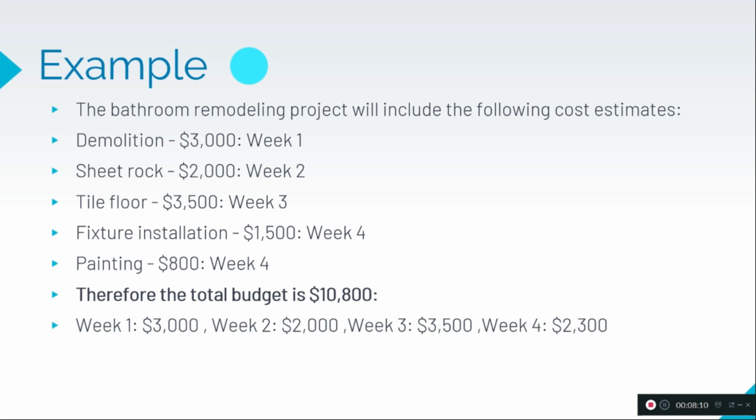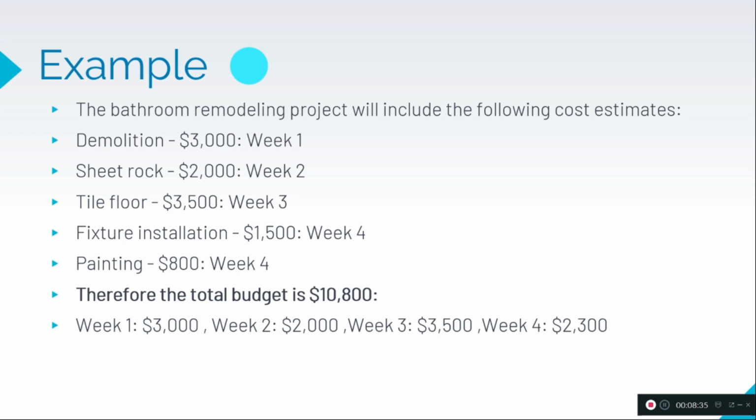Tile floor, $3,500, week 3. Fixture installation, $1,500, week 4. And in parallel we are doing the painting, which takes $800. This is week 4. So this is the cost estimation for individual activities.